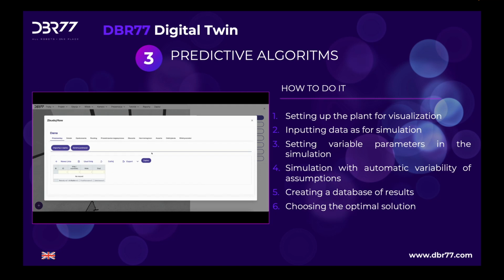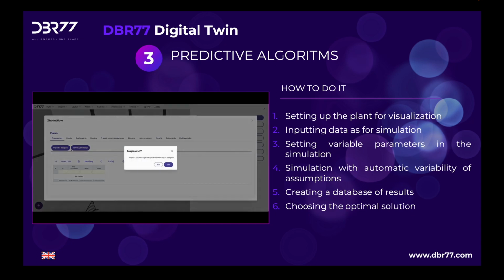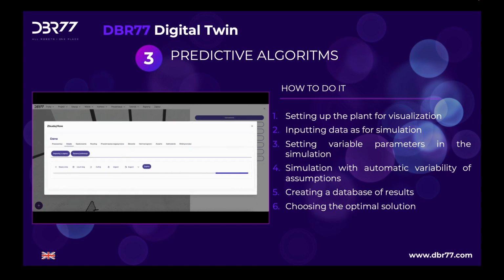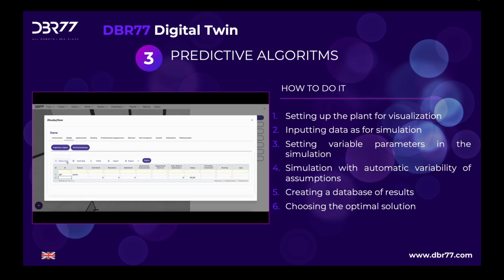The next stage involves conducting simulations with automatically changing assumptions, which enables dynamizing the process and adapting it to potential fluctuations in input data. It is also important to create a database of results, which serves as a repository of collected information and analyzes. The final step is the selection of the optimal solution based on simulation data, allowing for choosing the most effective and current needs-aligned direction of action for the facility.